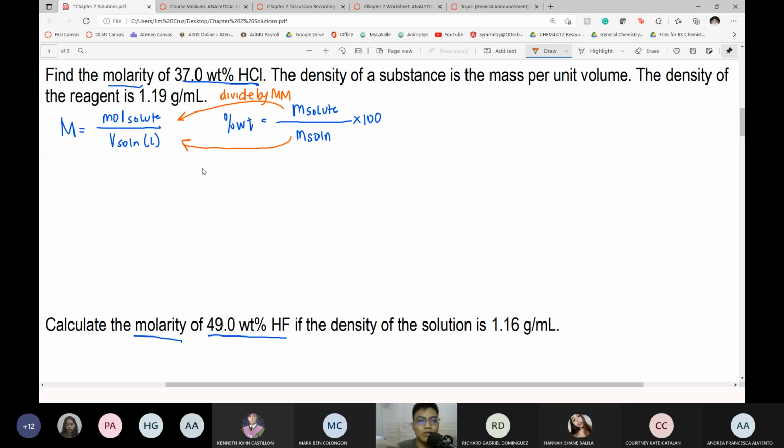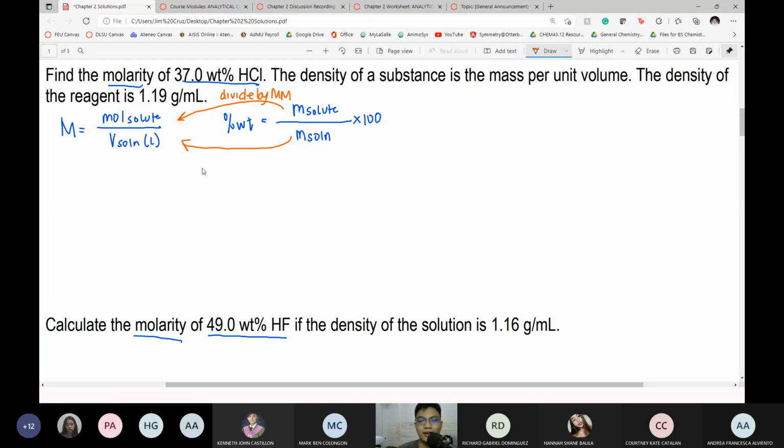How can you convert mass and volume? What equation will help you convert the mass into volume? Ano yung pang-convert sa mass into volume? Read the problem. Andun yung sagot. Any idea?